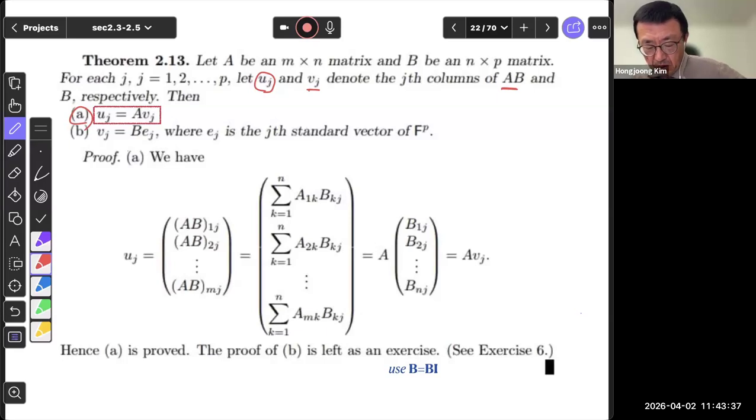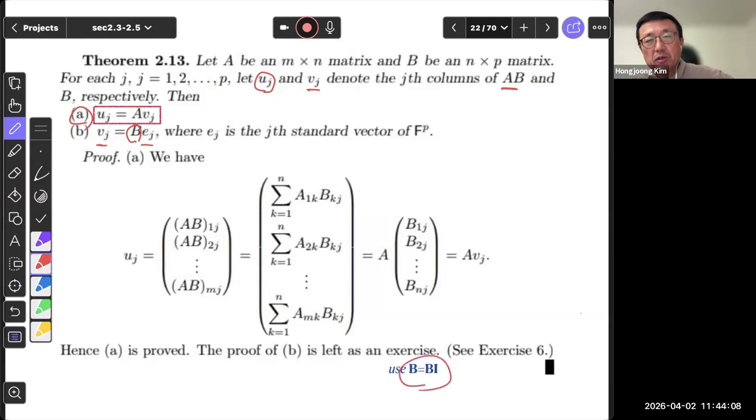And the second part: when I multiply B with e_j, you get v_j. What is v_j? v_j is the jth column of the B matrix.